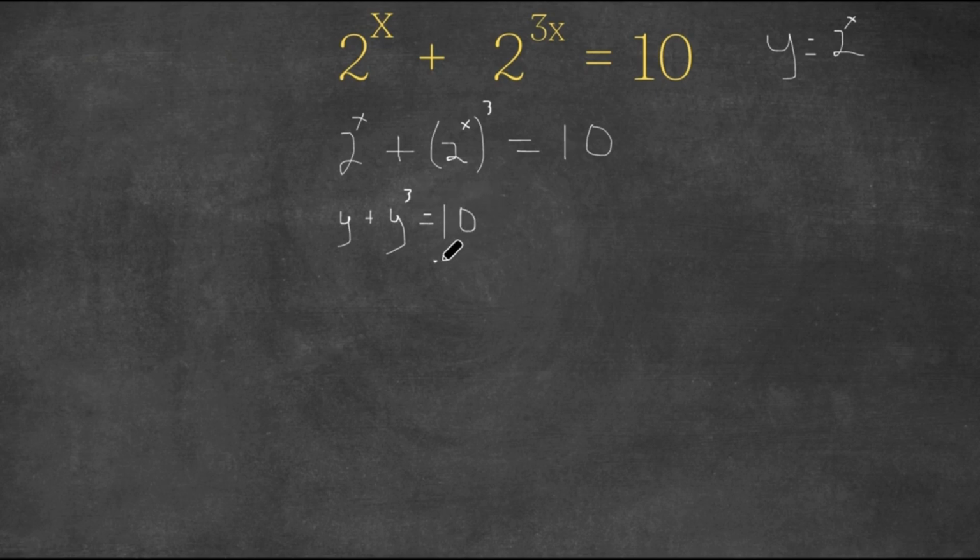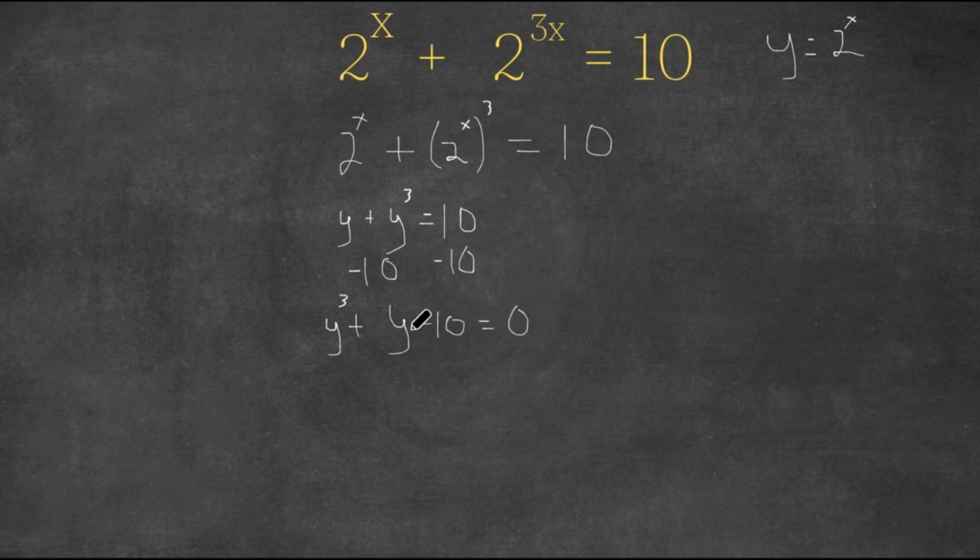Now we're going to subtract 10 on both sides. Let me rewrite this in order of exponents. We have y to the power of 3 plus y minus 10 equals 0.